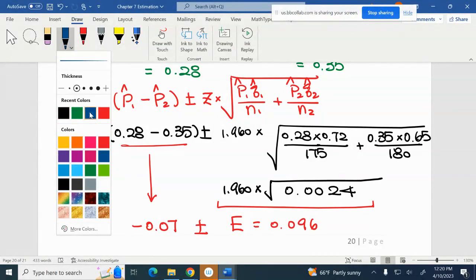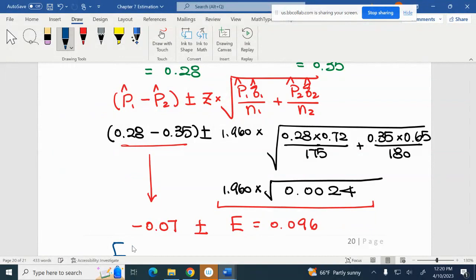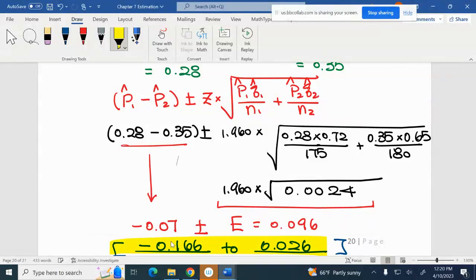So now then, from the subtraction to the addition, right? So negative 0.07 minus 0.096. That is the negative 0.166. When I take the sum, it will be 0.026.